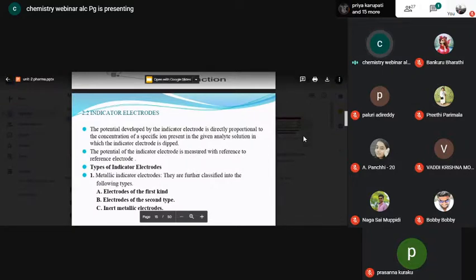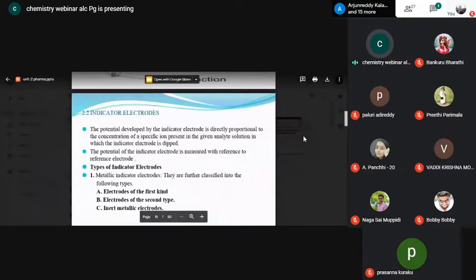So we took a copper rod, which functions as the indicator electrode of the first type, and along with that we connect the reference electrode. Usually we use the calomel electrode as the reference electrode in our laboratory. We connect the indicator electrode, the copper rod, and the reference electrode, the calomel electrode, into the circuit.